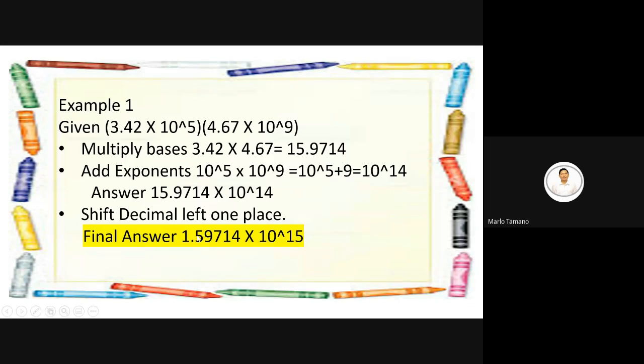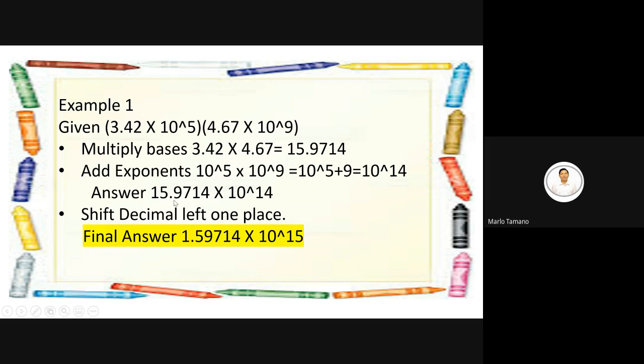Answer, 15, kunin na natin yung product kanina ng dalawa. Yung 3.42 times 4.67 na 15.9714 times yung exponent na pinag-add natin, that is 10 to the 14.